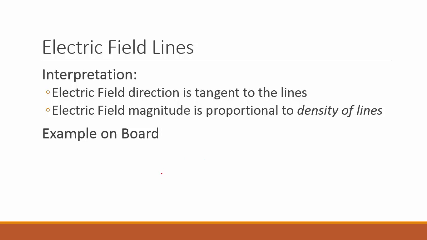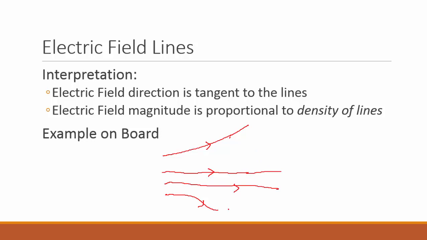Here, what we're going to have is a simple case where we have a field line that runs to the right, and I'll add a couple of the field lines. Now these don't really begin or end, I just have a finite amount of space on the page to draw them.